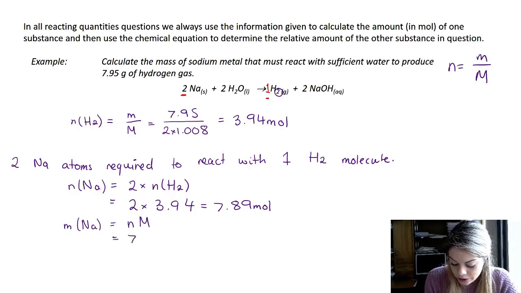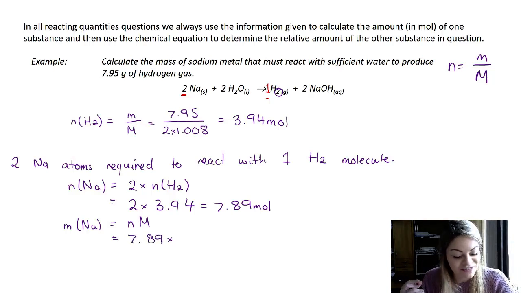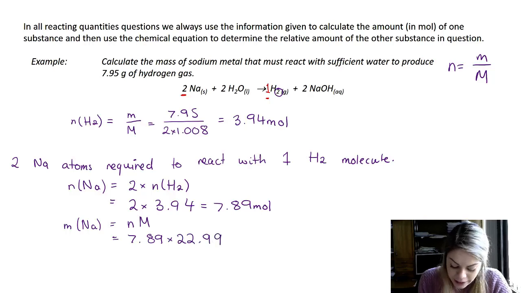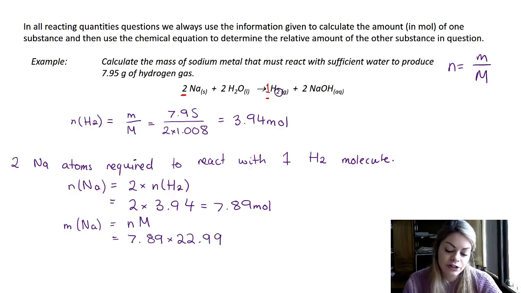And the number of moles we just found was 7.89. And the molar mass of sodium is 22.99. Now, these coefficients out the front of the element or molecule are just to compare amounts that you need in the reaction.